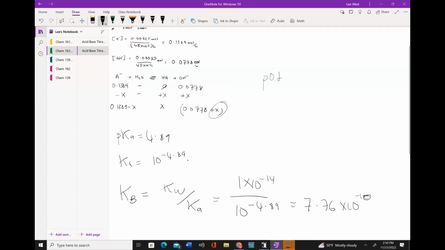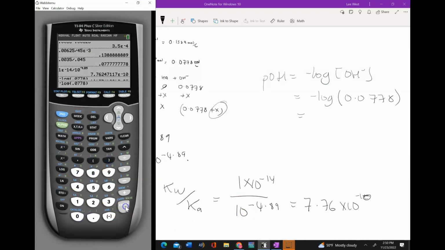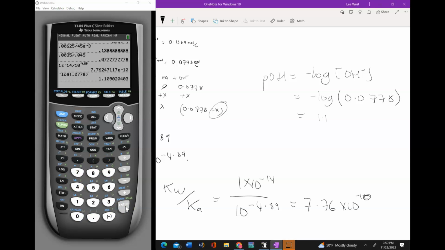The pOH is equal to the negative log of the hydroxide ion. And I'm saying, what if we just assume that x was basically 0, then that would be negative log of 0.0778. We go, and then that would be 1.09.